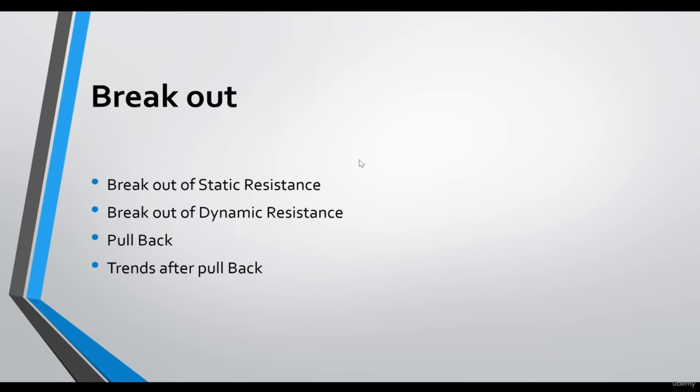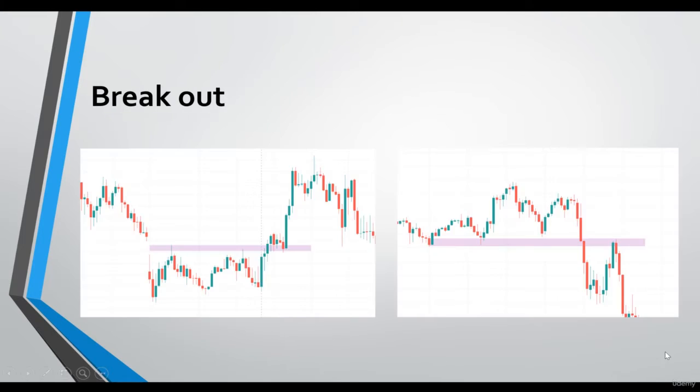Okay, if you take a look at these two photos I have prepared for you, you can see the left picture. We can see that the price at this zone has had some reaction. Whenever it came to this zone, we had a kind of bearish trend. So as I told you in previous videos, this zone is called static resistance, which you can see in the previous videos to know it perfectly.